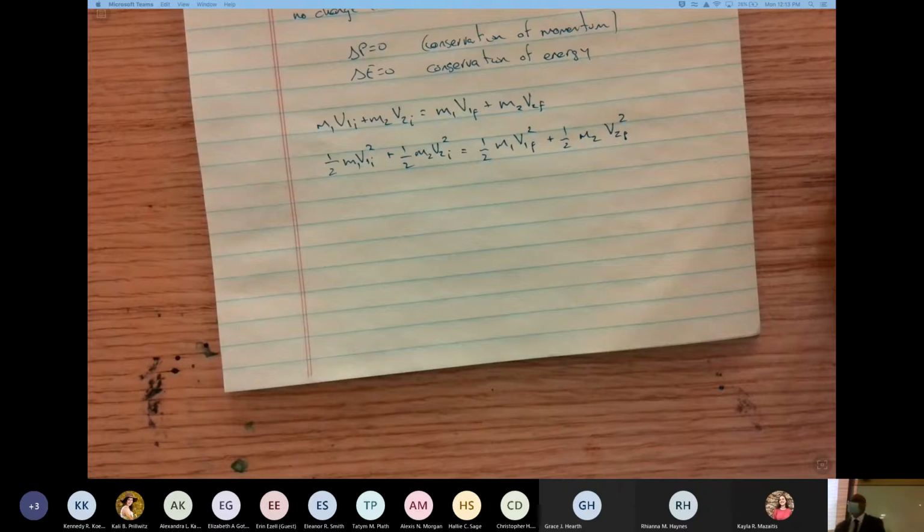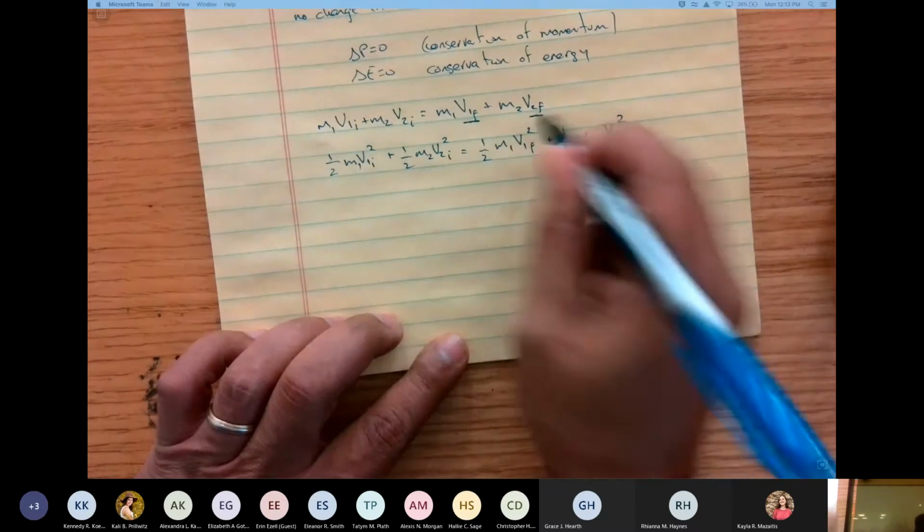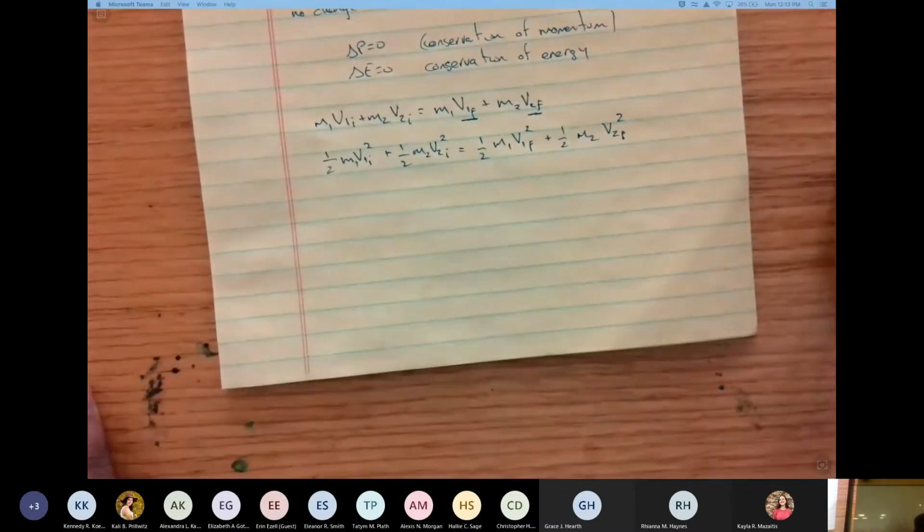So what I want to do is find an expression for the final velocity of the first mass, and for the final velocity of the two masses that satisfy those two equations. It's an insane amount of algebra. It's not terribly difficult, but it's just long.